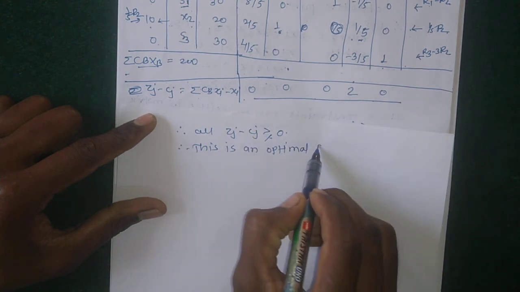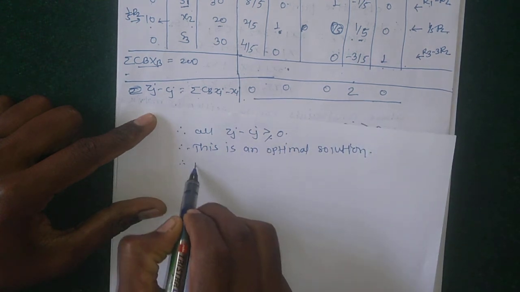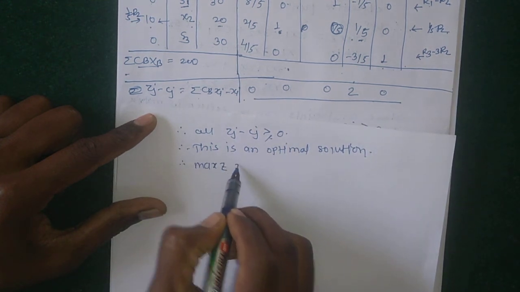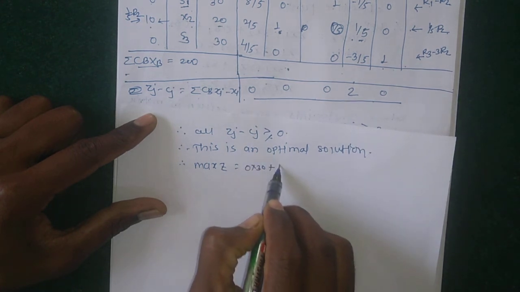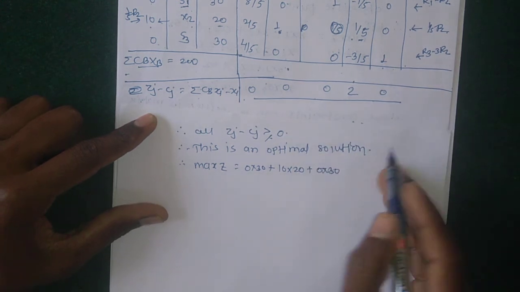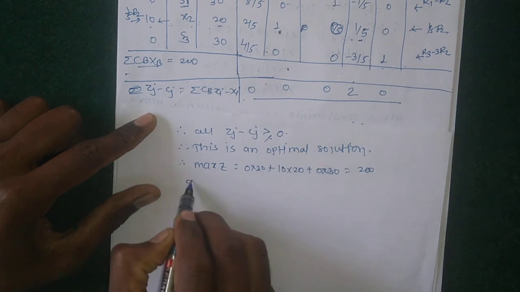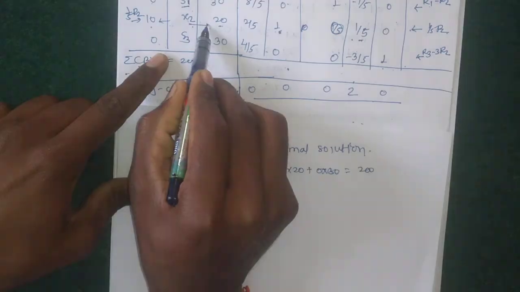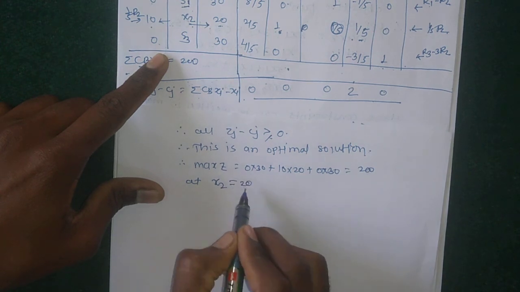So by step 5, this is an optimal solution, and therefore maximum Z is equal to 0 into 30 plus 10 into 20 plus 0 into 30, which is 200, at the point x2 equal to 20.